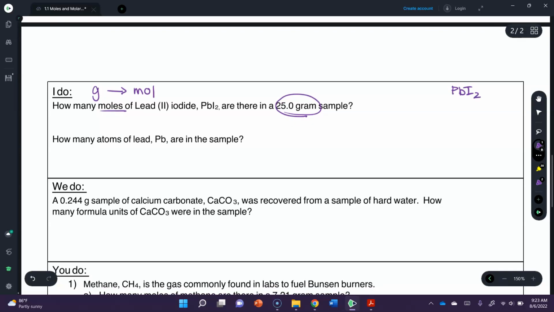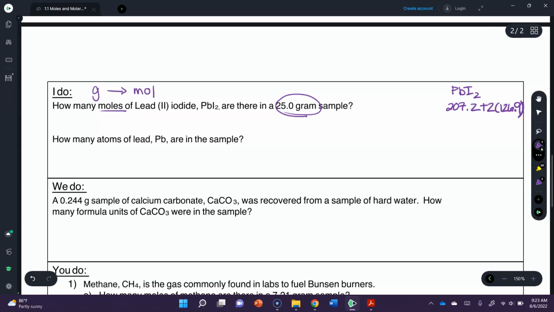So for PbI2, we look up lead, and we see that it is 207.2, and then we have 2 iodine. I'm going to shorten how much I write, because I am tight on space.